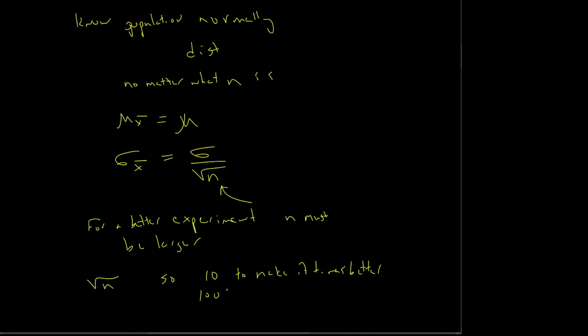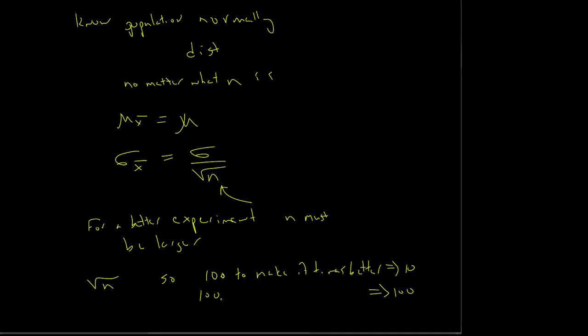you do, I apologize, 100 samples. So you have 100 samples. To make it 10 times better, the square root of 100 is 10. To make it 10 times better, I need the number whose square root is 100.